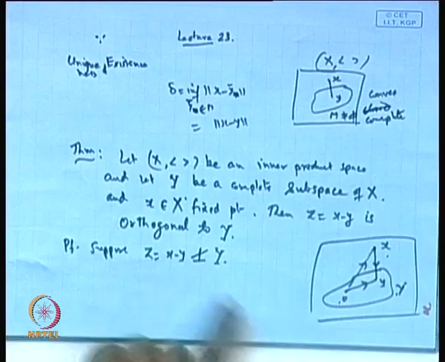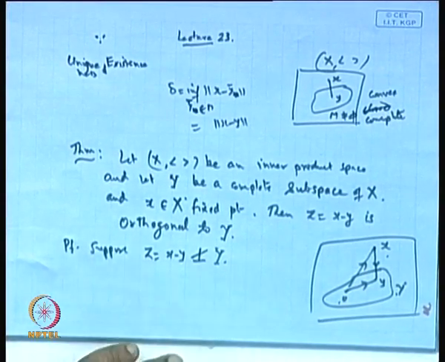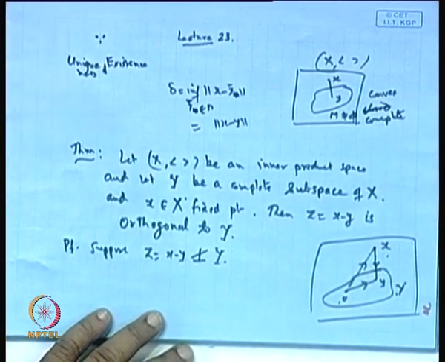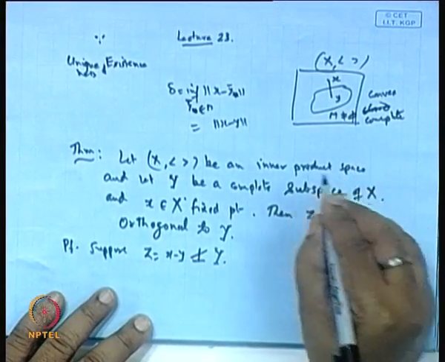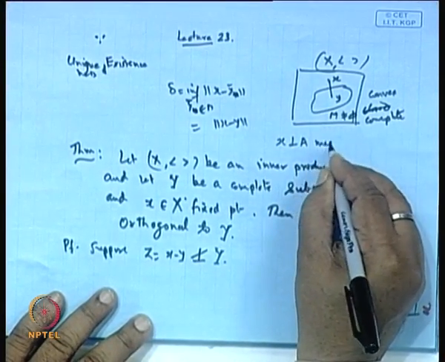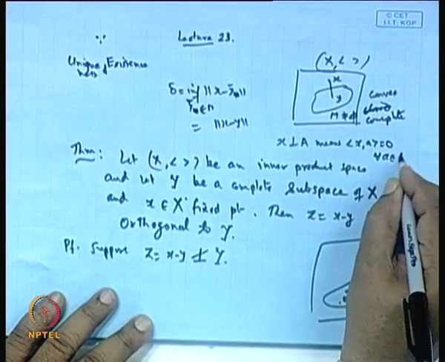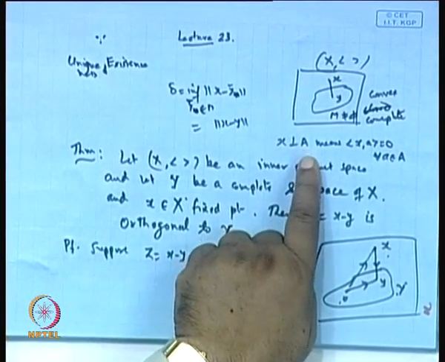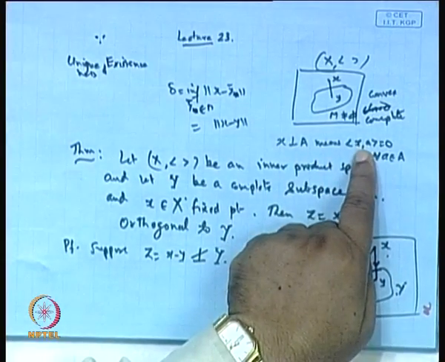By definition of orthogonality, a point x is said to be orthogonal to A if the inner product of x and a is 0 for all a belonging to A. So, when we say x is not orthogonal to A, it means there must be some point available in A whose inner product with x will not be 0.